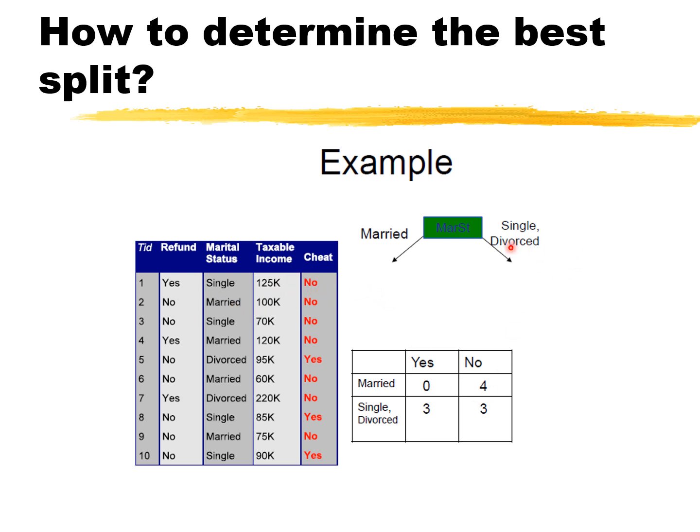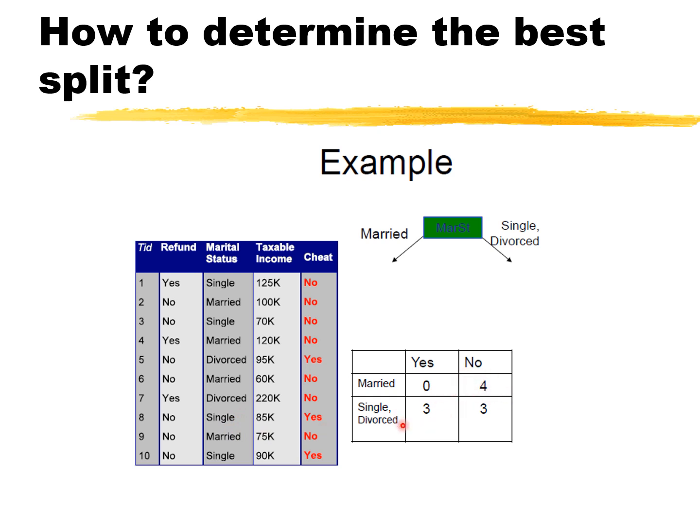However, single divorced will have to be branching further. Now married, we don't have any married tuple that actually cheated. So married and yes here, no. All the married instances here are no. So we have 4 instances of married and all of them no.